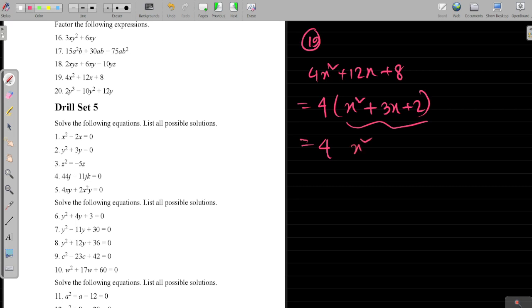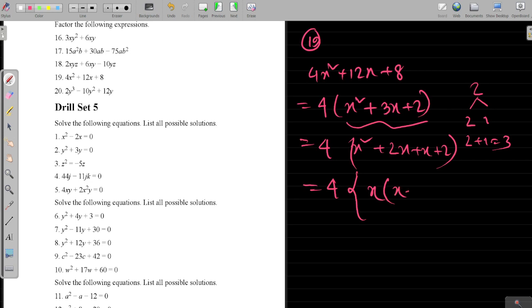So here x square plus 2, 2 means 2 into 1. That means 2 plus 1 is 3. That's why x square plus 2x plus x plus 2. So here the remaining part will be 4, and if I take common x from here, then x plus 2. If I take common 1 here, then x plus 2. Then the rest of the part will be 4 times x plus 2, and here x plus 1.